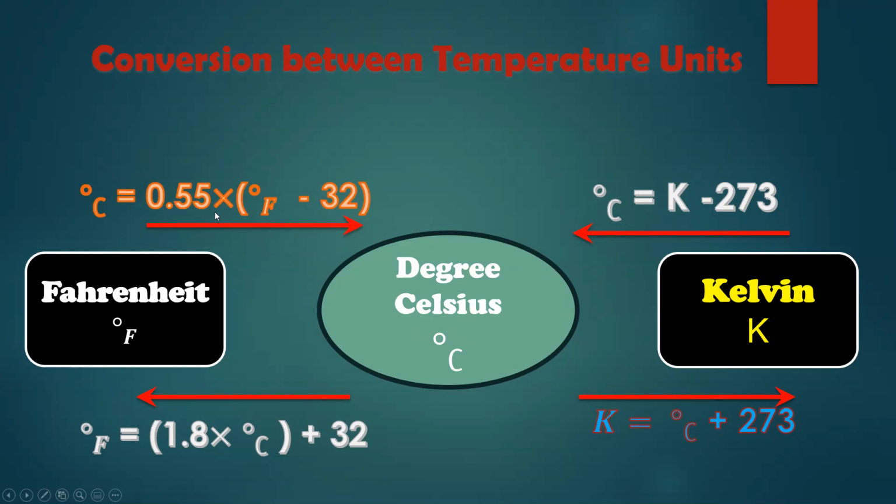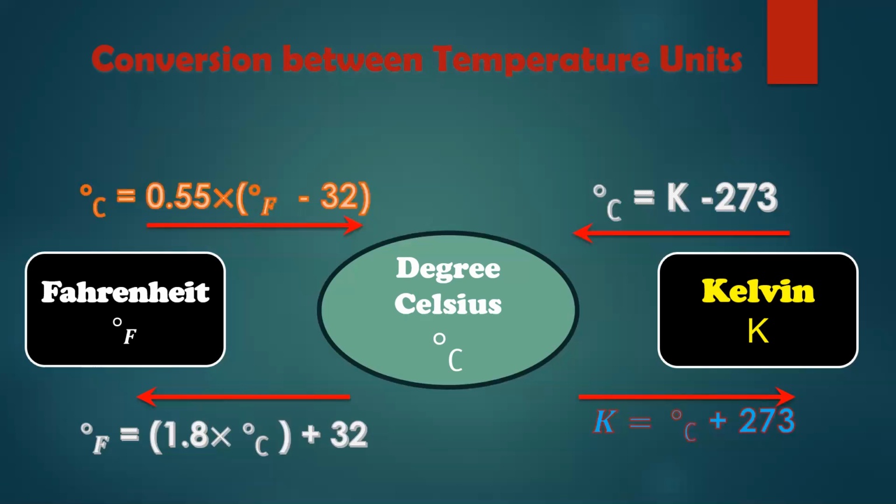Then multiply all by 5 over 9, or 0.55. Now you can get the degree Celsius. Using these equations, you can convert from any unit to the other.